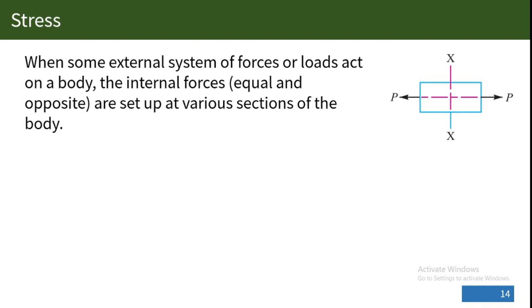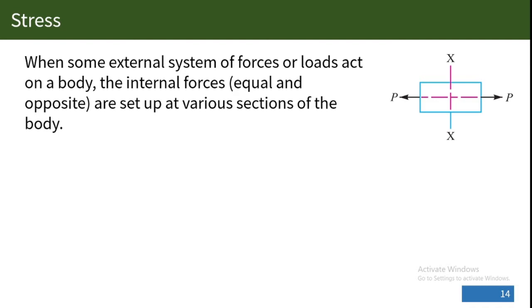When some external system of forces or loads acts on a body, equal and opposite internal forces are set up at various sections of the body. For example, on this given body, they resist the external forces.